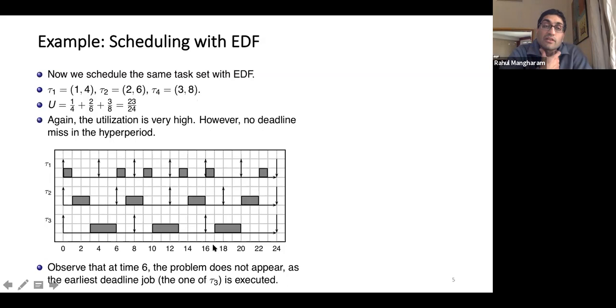So great, with earliest deadline first, by making the priority dynamic, where the task whose deadline is the earliest has the highest priority, we are able to schedule the task set and extract more utilization out of the system and still have a schedulable task set.